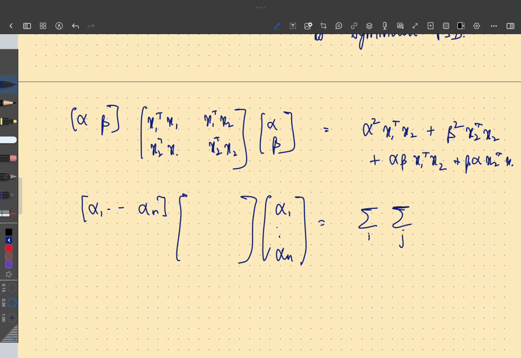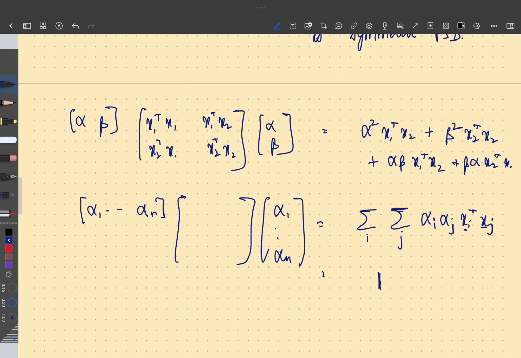It will be a double summation over i and j, alpha i alpha j xi transpose xj, which is the same as the summation over i of alpha i xi transpose, times the summation over j of alpha j xj.